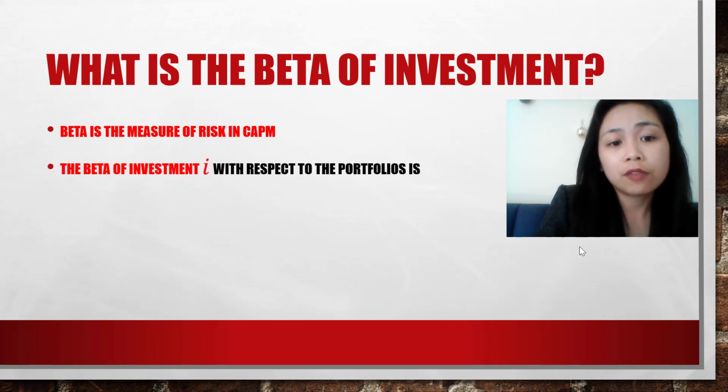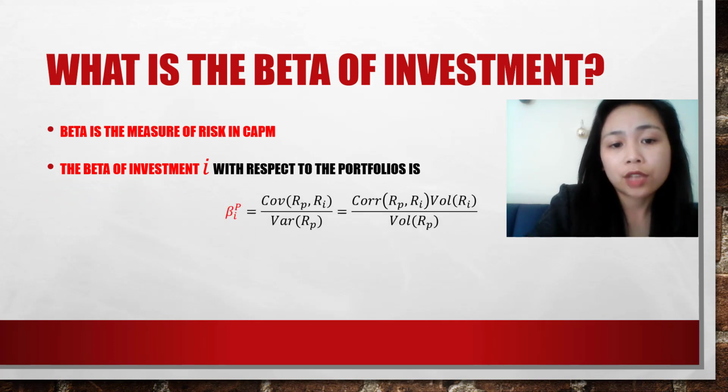And the beta of an investment I with respect to the portfolio is notated by beta IP, and it is the ratio between the covariance between the rate of return of the portfolio and the rate of return of the investment I over the variance of the portfolio P. And remember, covariance between RP and RI is the correlation coefficient between RP and RI times volatility of RI times volatility of RP.